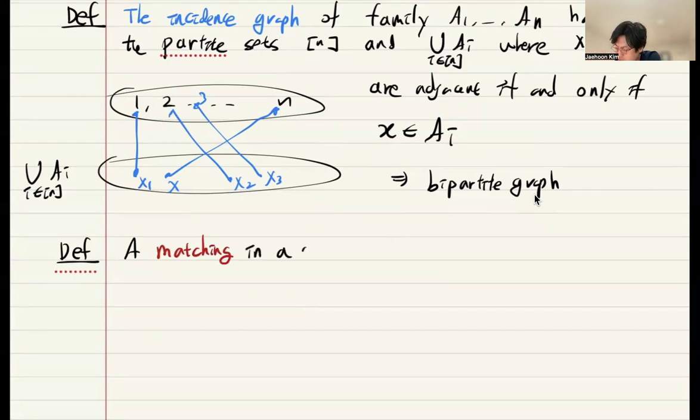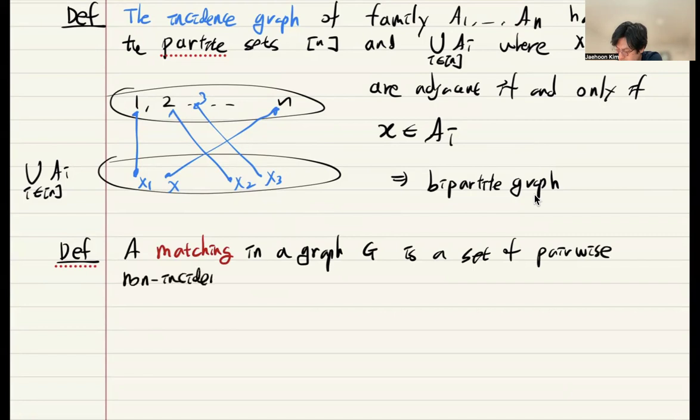A matching in the graph G is a set of pairwise non-incident graph edges, meaning that two edges do not share a vertex, which is also sometimes called independent edges.